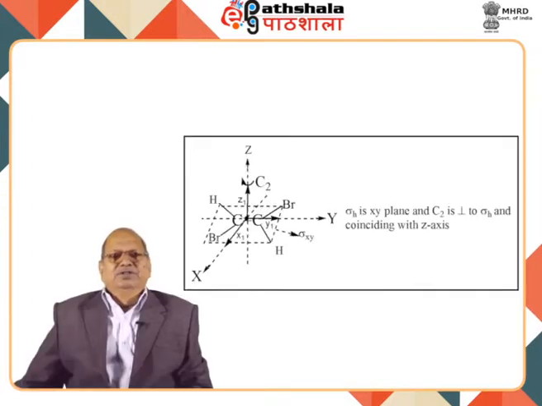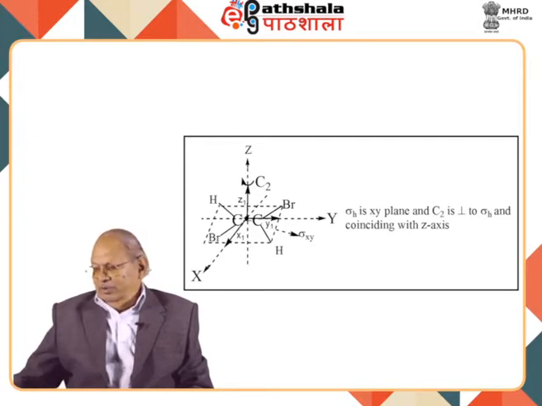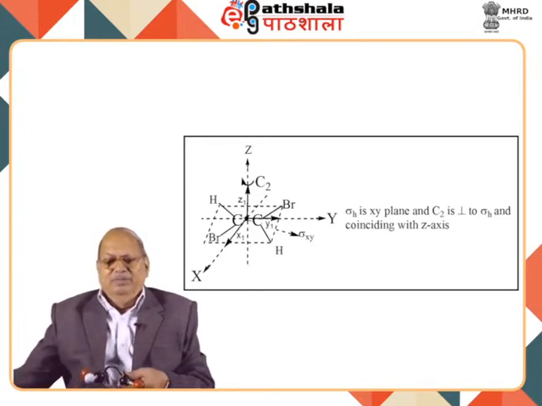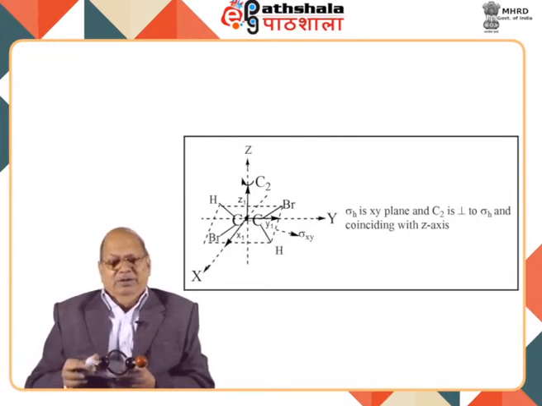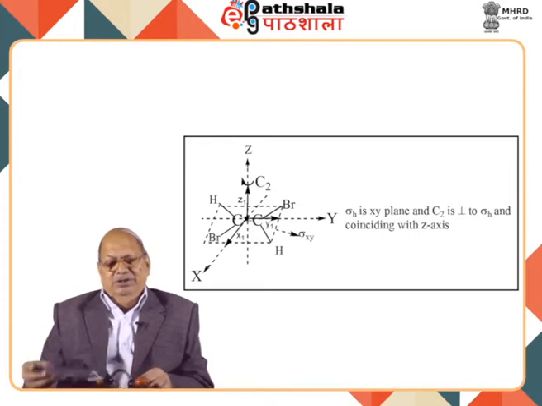Now, for getting into the module, I will just take the example of the C2H point group, and in the C2H point group, I will take the example of the molecule dibromoethylene. The molecular structure of dibromoethylene is like this: the red balls represent bromine, and the molecule lies in this plane.